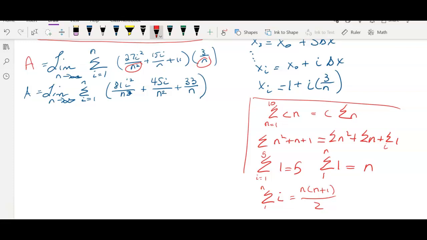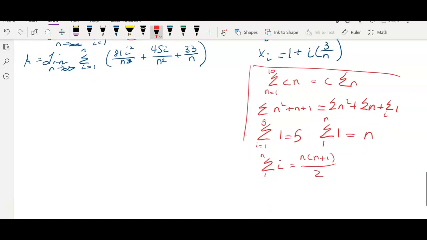Now, there's also a cool formula for i squared, and we're going to need these in our formula in a minute. Those of you going on to Calc 2, you're going to see these a lot. This one's a little more complicated, but it works.